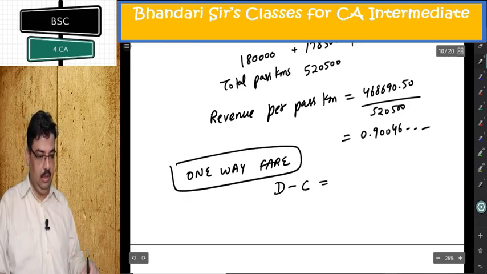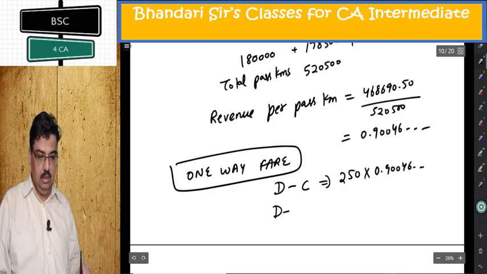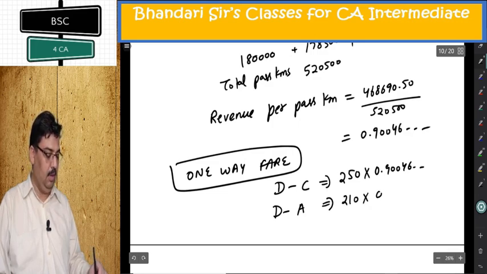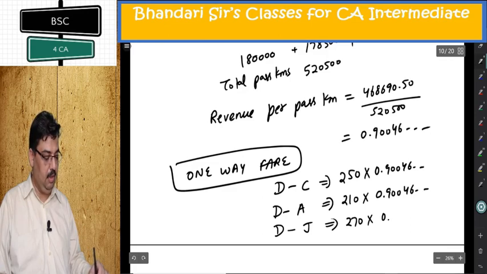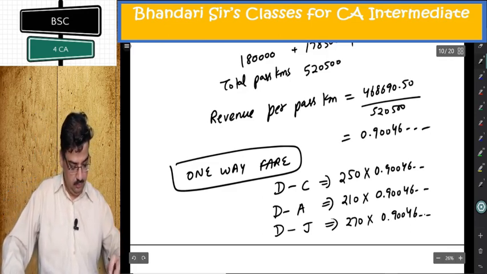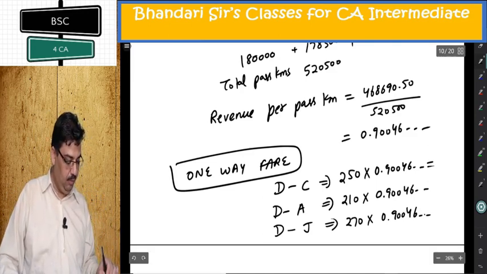Delhi to Chandigarh, 250 into 0.90046. Delhi to Agra, 210 multiplied by 0.90046, and Delhi to Jaipur, 270 multiplied by 0.90046. If I multiply with 250, I am getting 225.11.